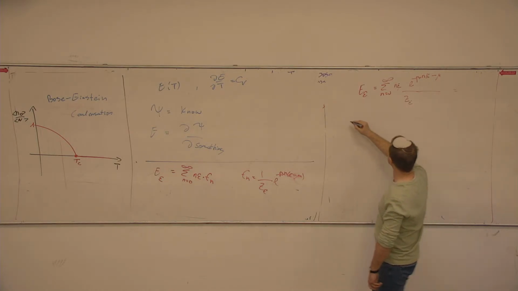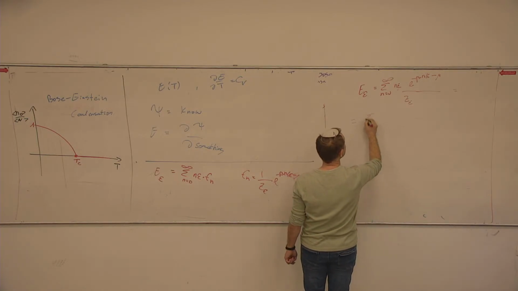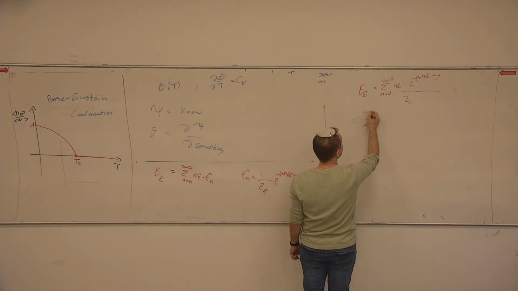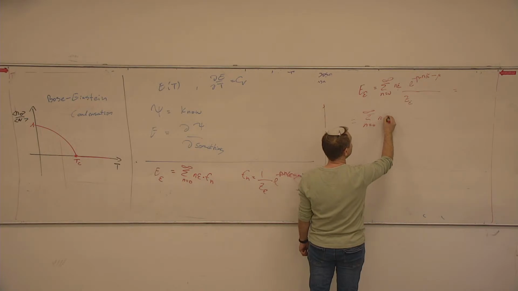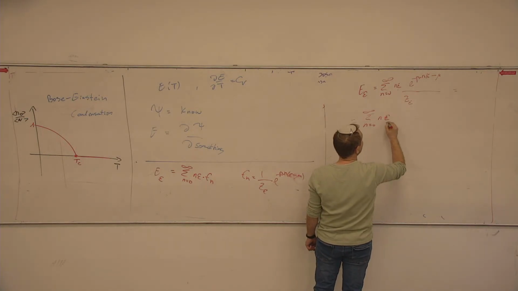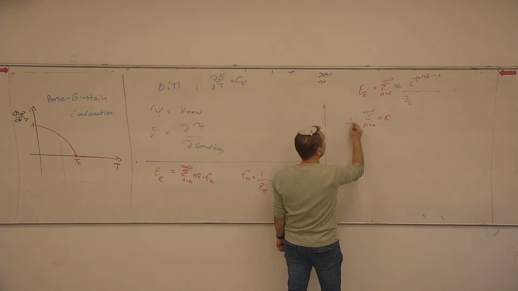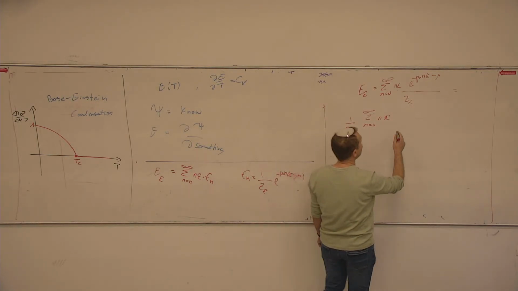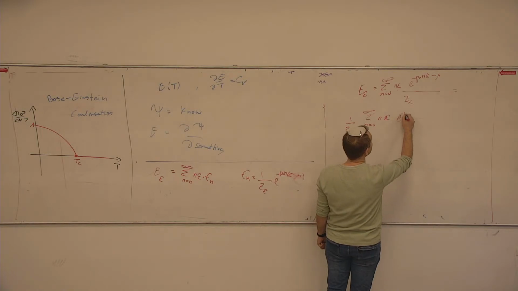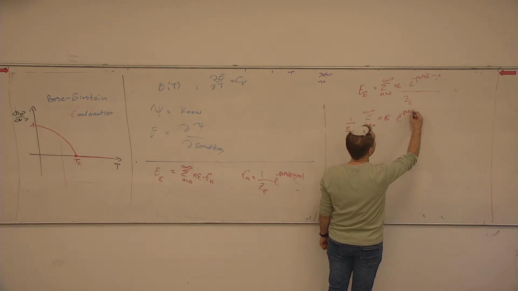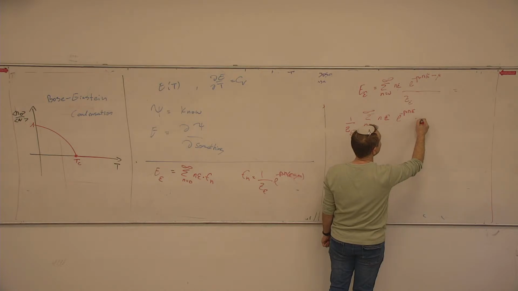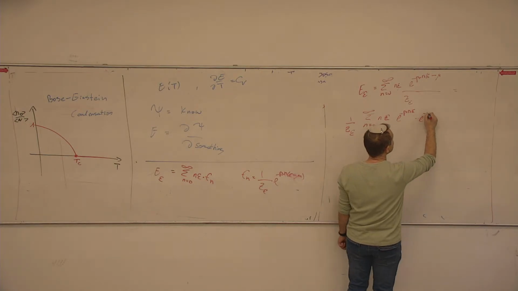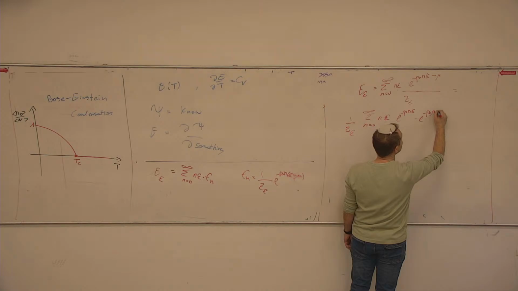So I can say that this is a summation, n goes from 0 to infinity, of n epsilon, 1 over z epsilon, e to the power minus beta n epsilon multiplied by e to the power beta mu n.